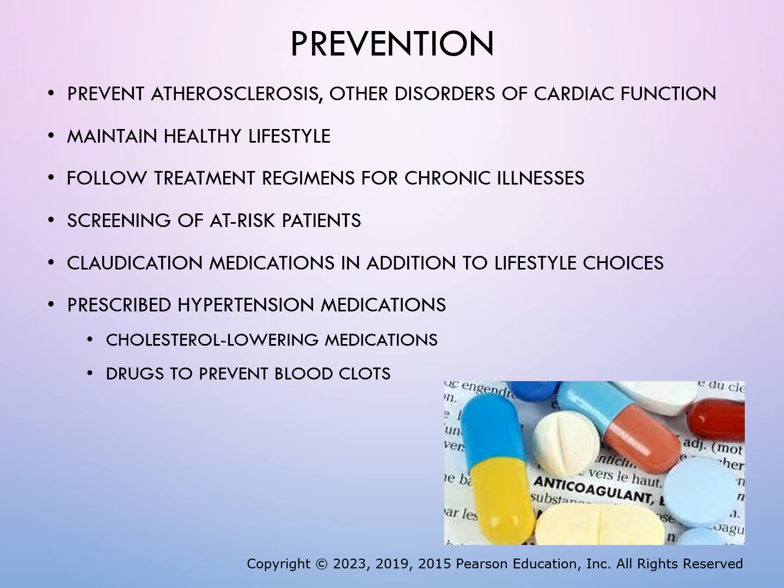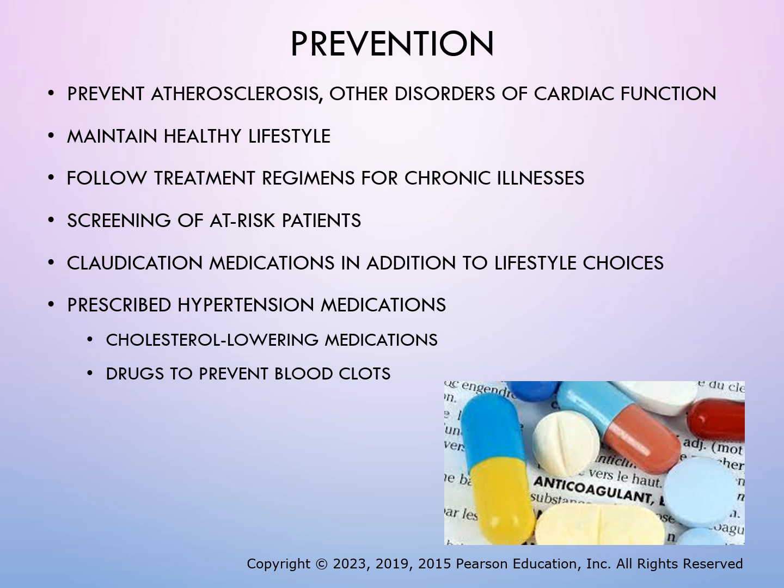Because PVD arises primarily from atherosclerosis and other disorders that impair cardiovascular function, prevention focuses on preventing these processes and includes maintaining a healthy lifestyle, maintaining a healthy weight, eating a healthy diet, exercising regularly, and following treatment regimens for chronic illnesses.